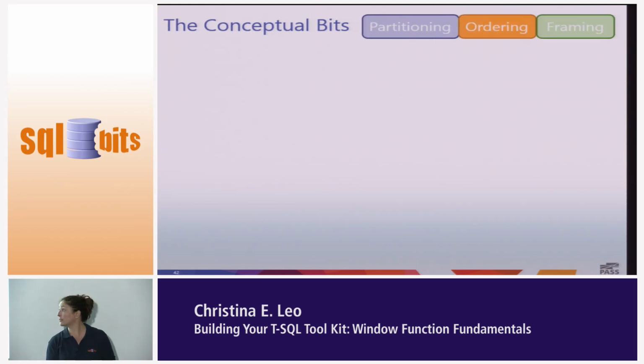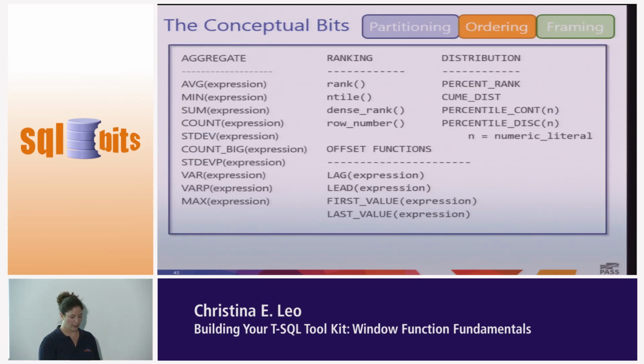So the last thing we need to talk about is ordering. And as of SQL 2012, there are 4 types of functions that support windowing. The aggregate functions, let me make sure I don't misspeak. The aggregate functions and the ranking functions were available in 2005, but they didn't support framing.